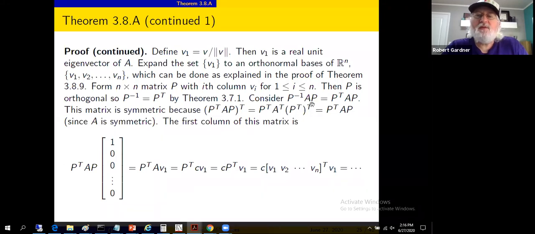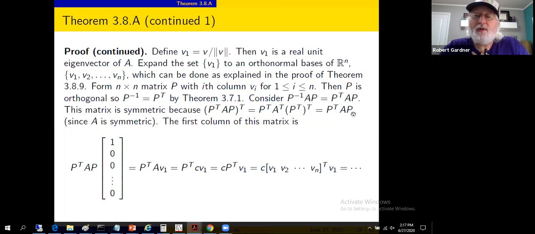All right, consider P inverse AP. Remember, we're going for showing symmetry in this. P inverse AP is P transpose AP by substituting. We're going for orthogonally diagonalizable. We're assuming symmetry, excuse me. This matrix is symmetric because if we transpose it, we get P transpose on the left, A transpose in the middle, which we're going to replace with A, since we're assuming symmetry, and P transpose transpose on the right.